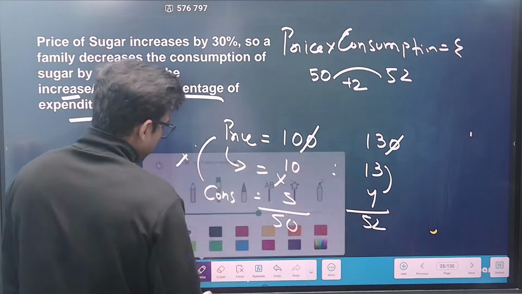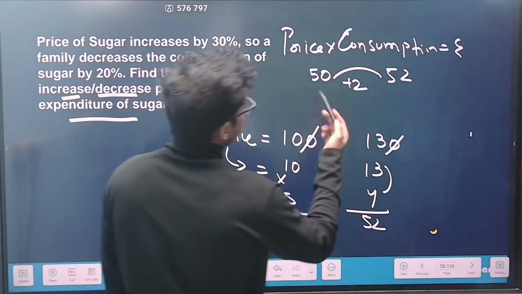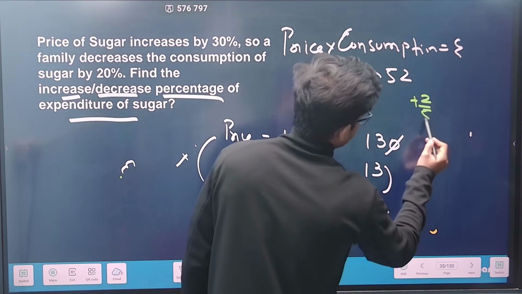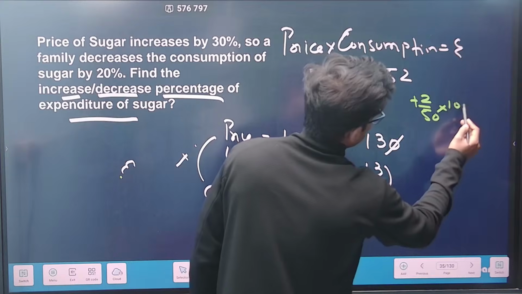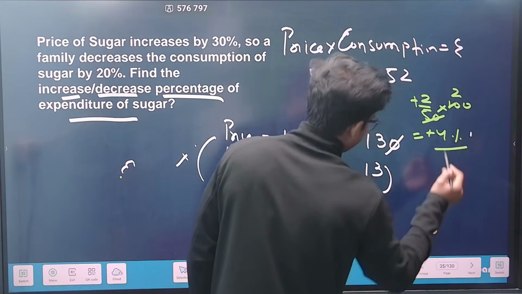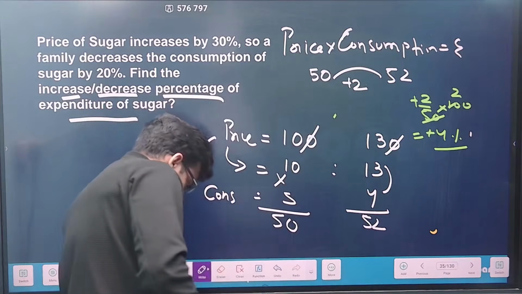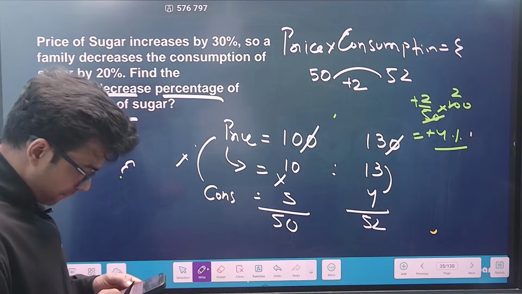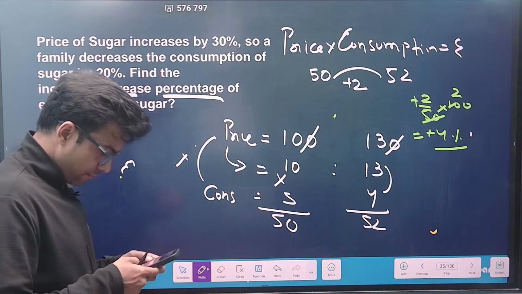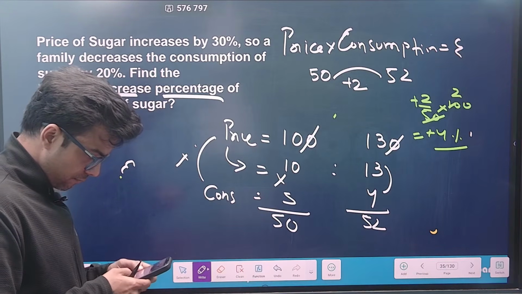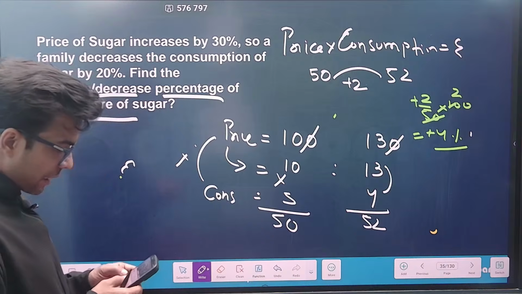The increase of 2 is on 50, into 100. This is 4% increment, not decrement. I hope this is clear now.